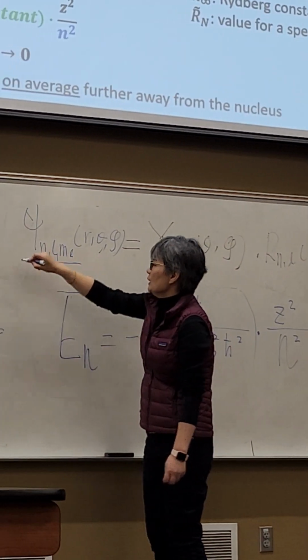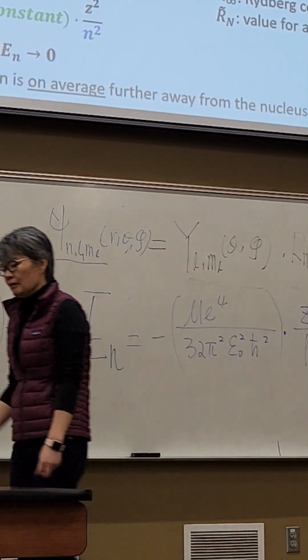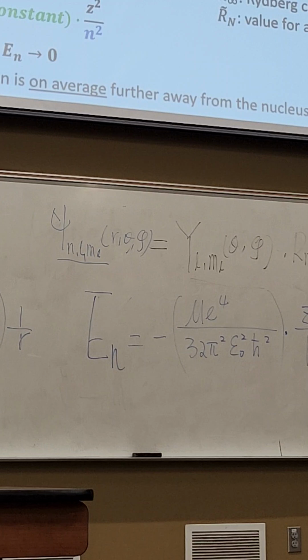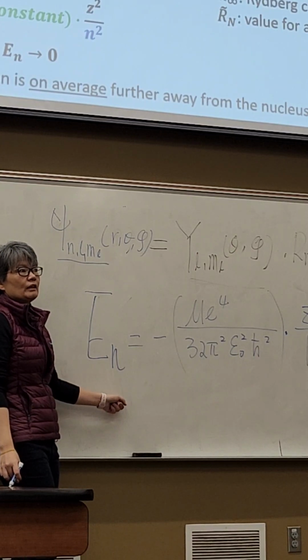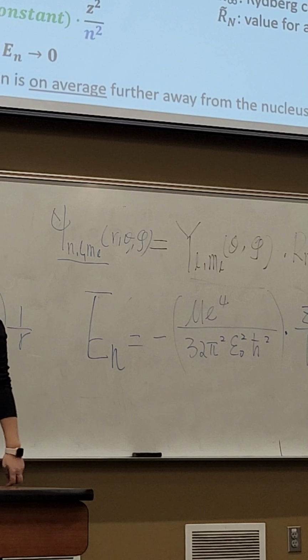So the system can have a whole series of quantum states defined by those 3 quantum numbers. However, if you look at that energy expression, it only depends on the principal quantum number, n. So that immediately brings us a terminology.